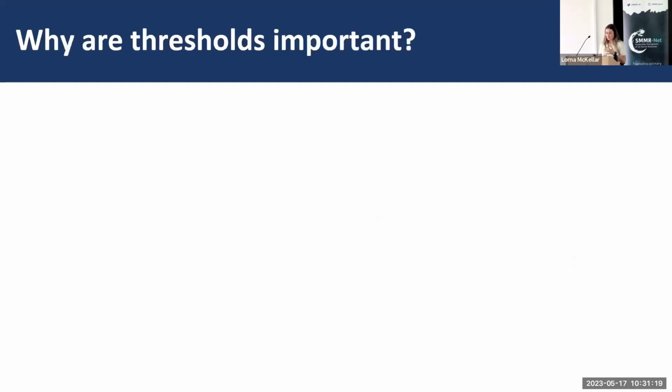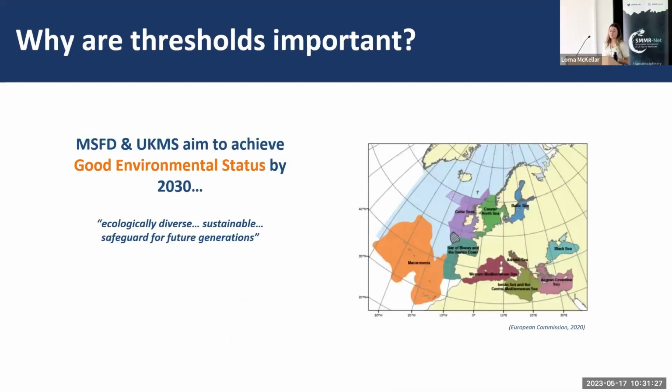So thresholds are really important for assessing the status of marine ecosystems, what condition they're in. And that's particularly important because the EU's Marine Strategy Framework Directive and the UK's Marine Strategy have said that they're going to aim to achieve good environmental status across these huge marine areas by 2030.